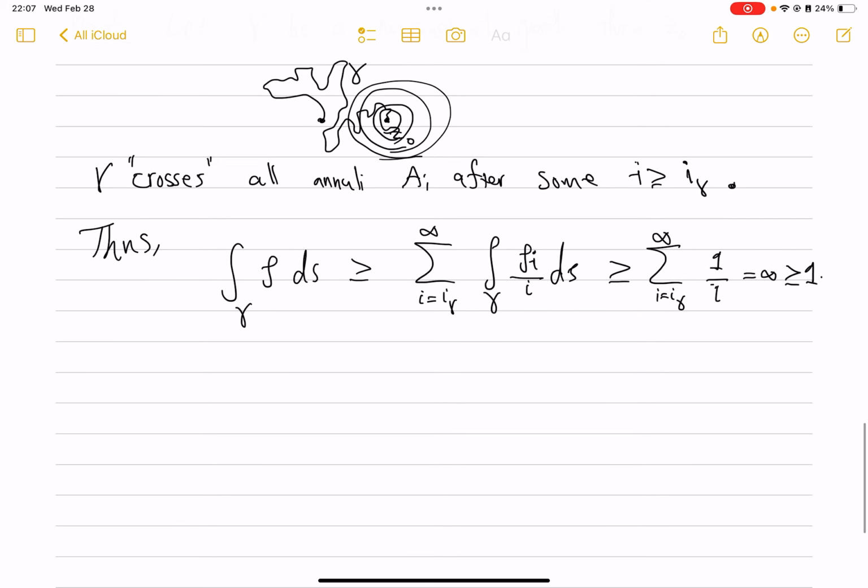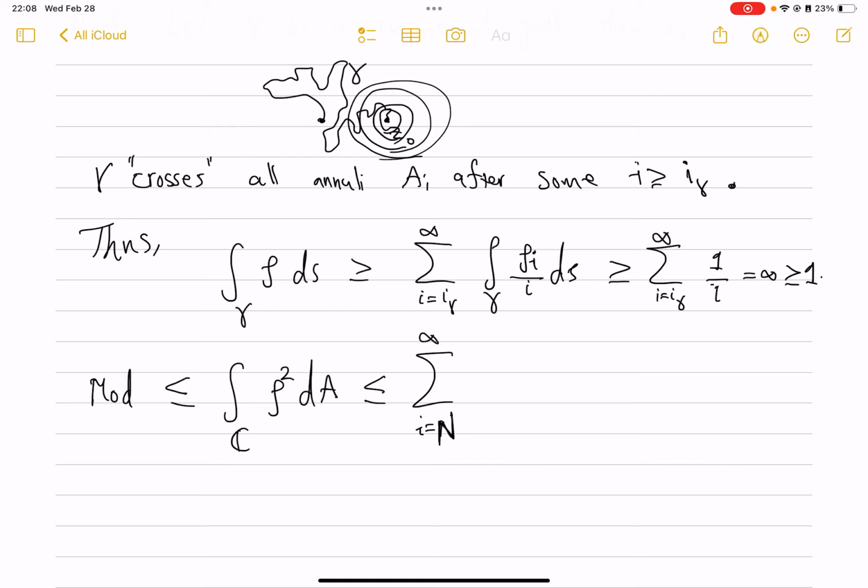To estimate the modulus from above, we take the L2 energy of our admissible function. Again, from the disjointness of the supports of rho I, this will be less than the integral, and my rho definition starts at n, which explains why I start not at 1 but at some n.